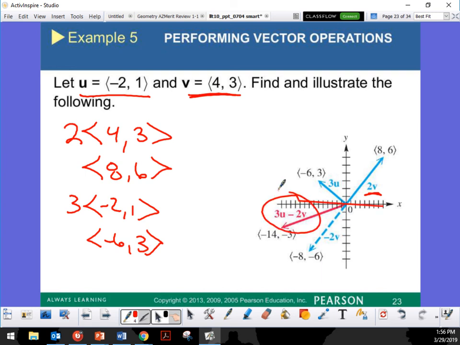We're trying to end up with 3u minus 2v. So mathematically, it's going to look like this: 3u, which was negative 6, comma 3, minus 2v. That was this one right here, right?